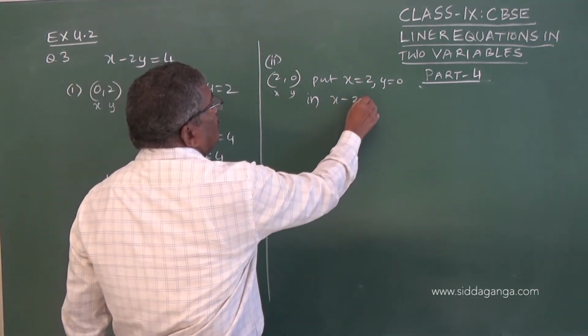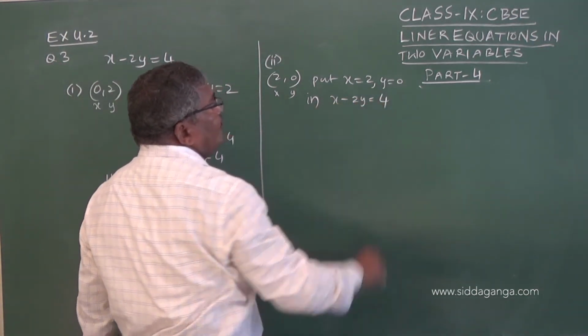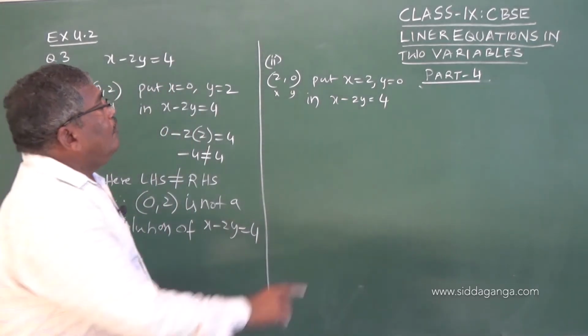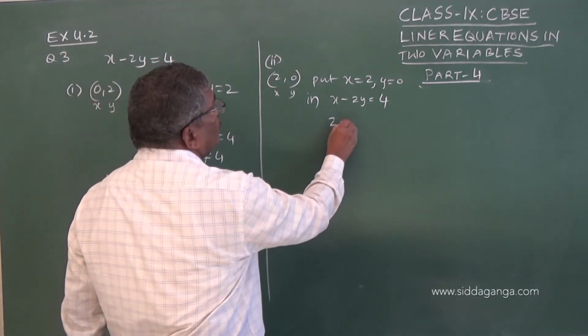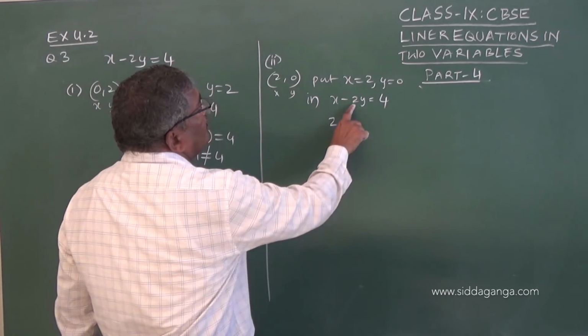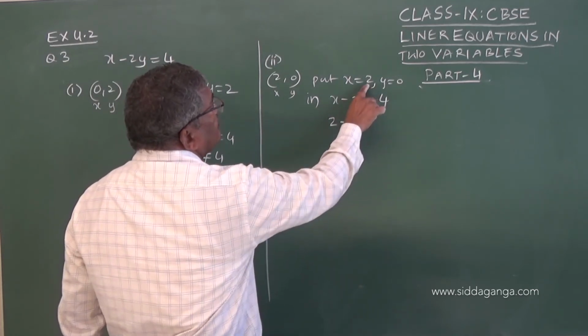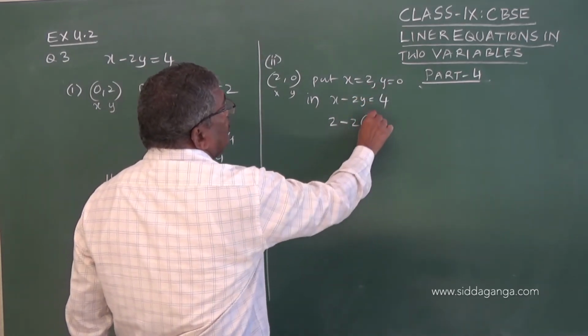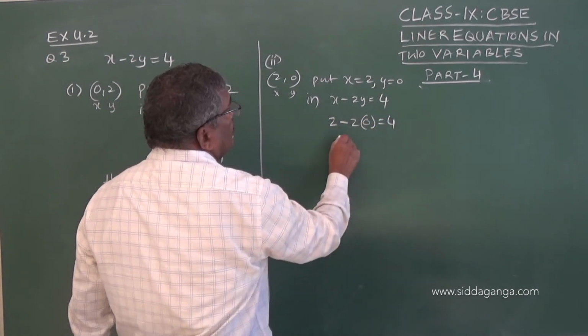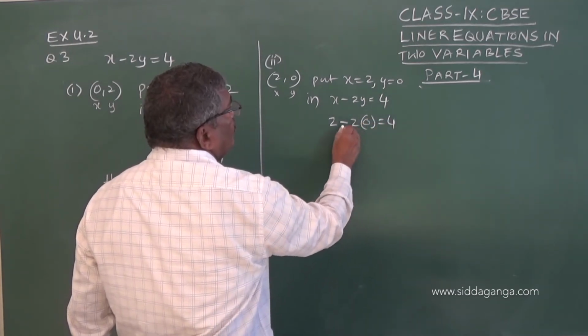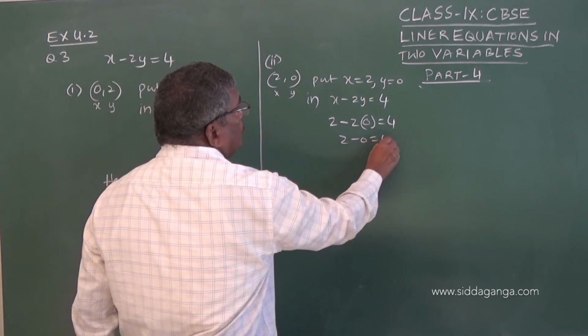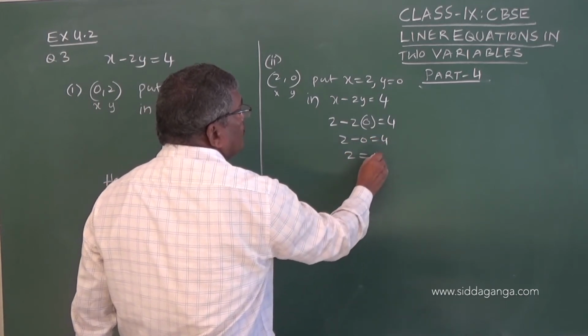So 2 minus 2 into 0 equals 4, so 2 minus 0 equals 4, 2 equals 4.